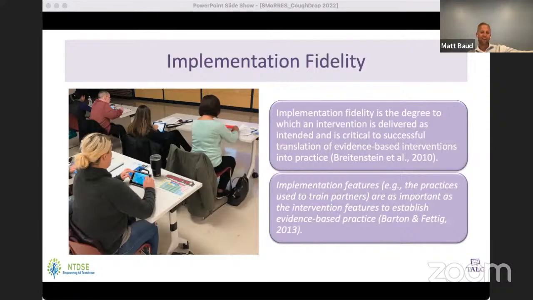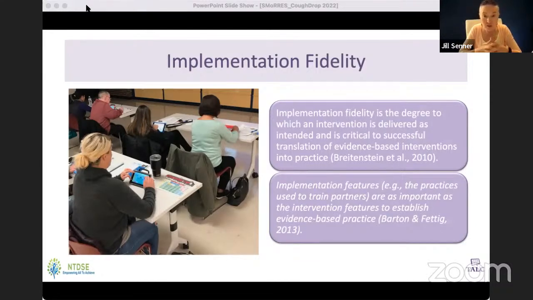Yeah. So I want to talk a little bit about implementation fidelity. Implementation fidelity is simply the degree to which an intervention is delivered as intended. Implementation fidelity is critical to successful translation of evidence-based interventions into practice.